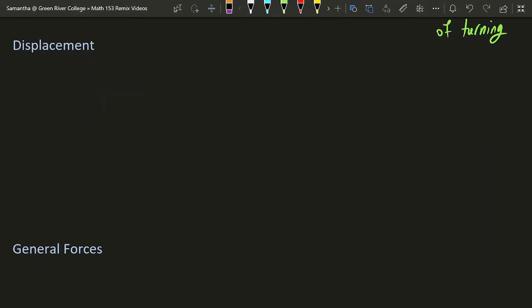The next physical quantity that we can represent using a vector is a quantity called displacement. Displacement is straight line movement from one point to another point.